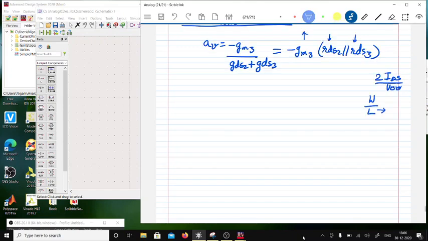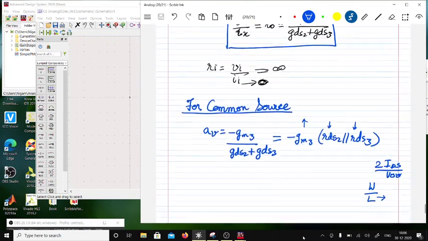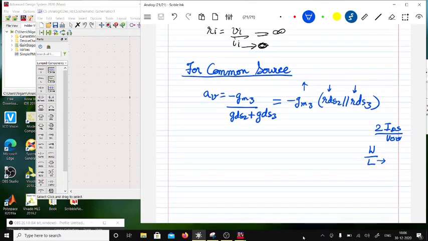If you just increase W by L, current would go up, or rather if I have fixed the current in overdrive, we are changing, right? So that means the bias voltage on the input is changing. Then that way also we can, but we are restricted on the bias voltage.